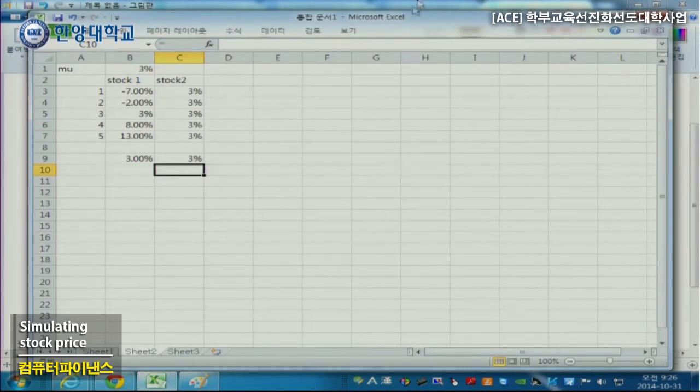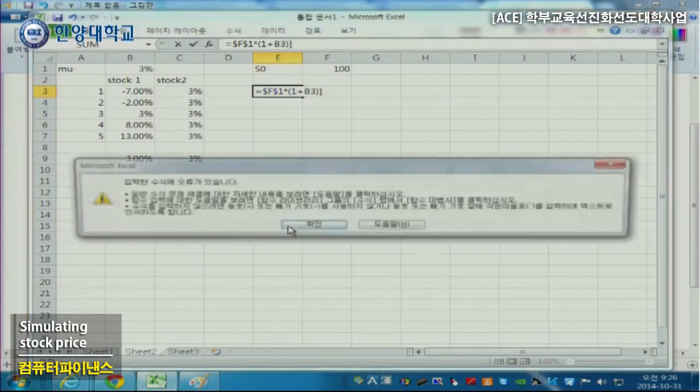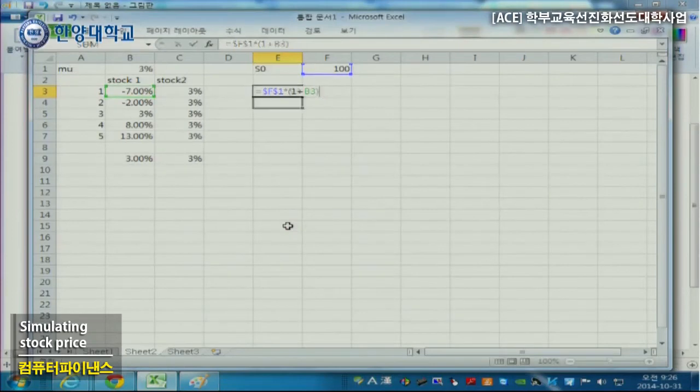Suppose we invest $100. So the initial stock price S0 is $100. The first year is $100 multiplied by 1 plus this return, and the second year is this value multiplied by 1 plus the next return. That should be the value of our asset.